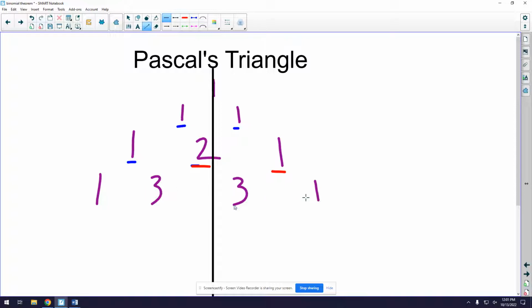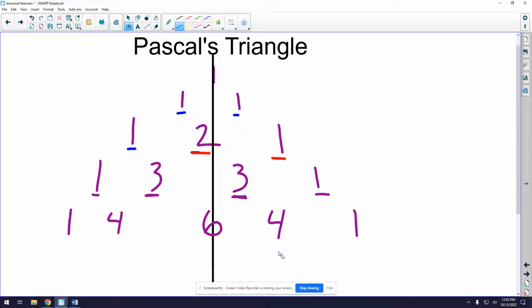To get to the next row, I would expand with 1s on both ends. 1 and 3 makes 4. 3 and 3 makes 6. 3 and 1 makes 4. So 1, 4, 6, 4, 1.